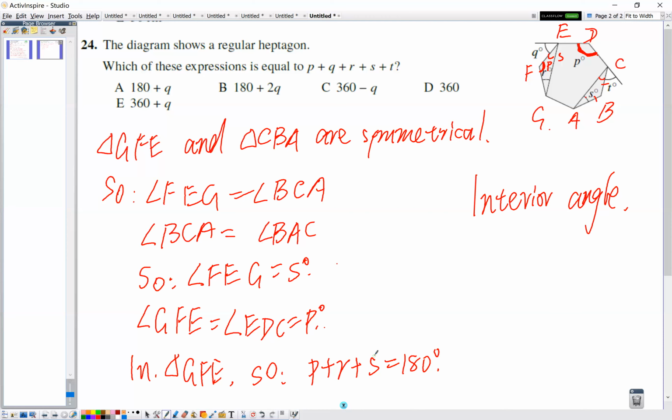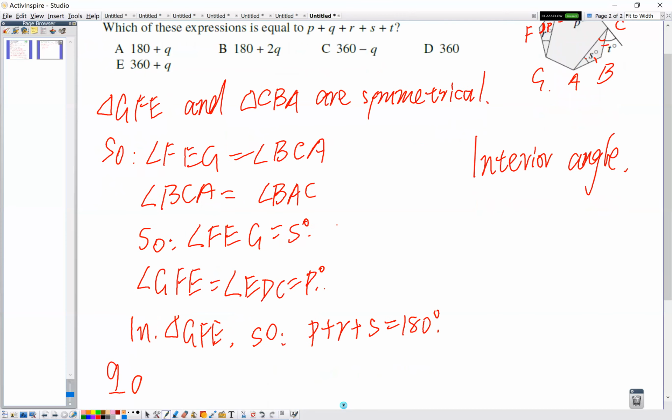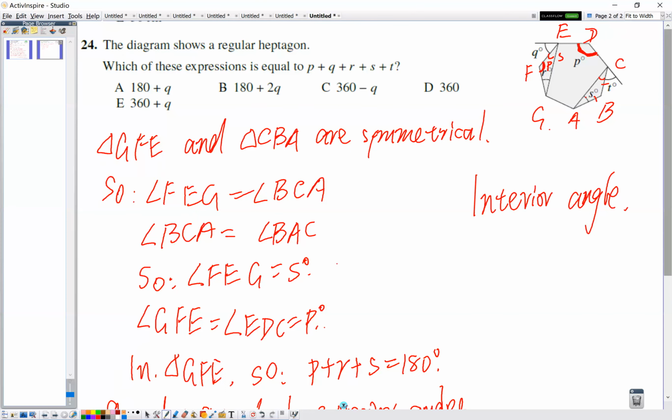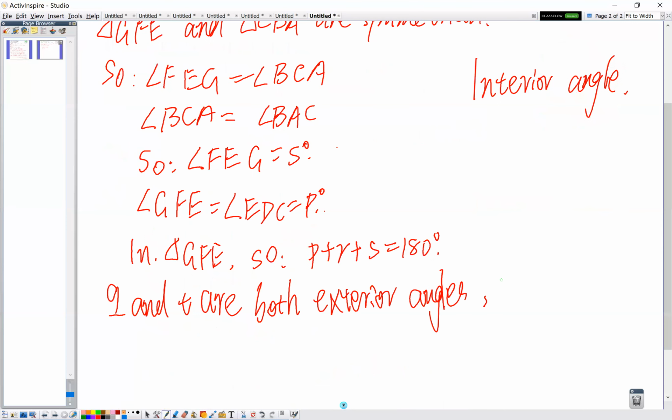Now, look at the next one. Q and T are both exterior angles. You remember for a regular shape, the exterior angle formula is 360 divided by the number of sides. So Q and T will be equal.